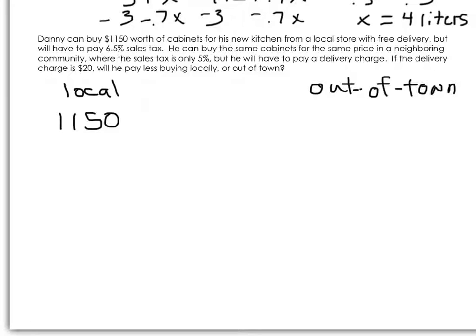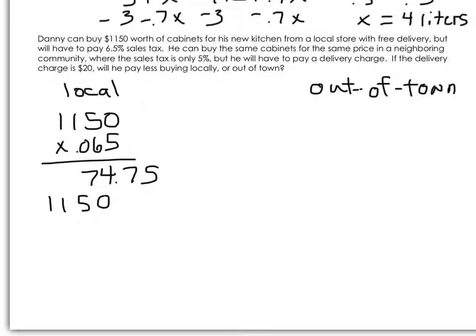So the sales tax is 6.5%. So we're going to multiply 1150 times 0.065. We're going to have to pay $74.75 tax.